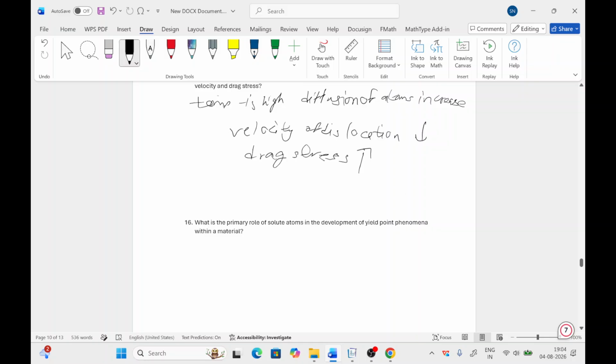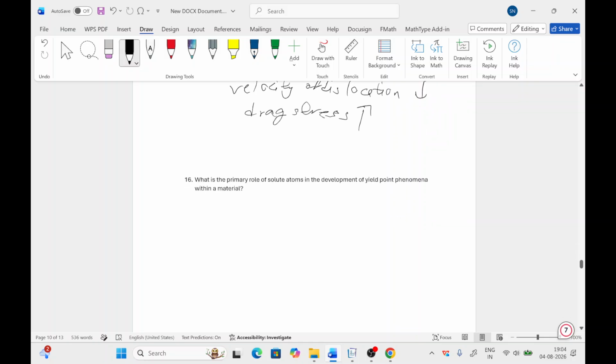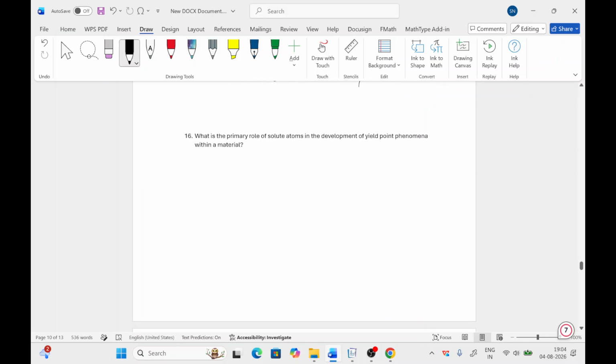Next question is, what is the primary role of solute atoms in the development of yield point phenomena within a material? So yield point phenomena means change in yield point with time or with deformation, and time.